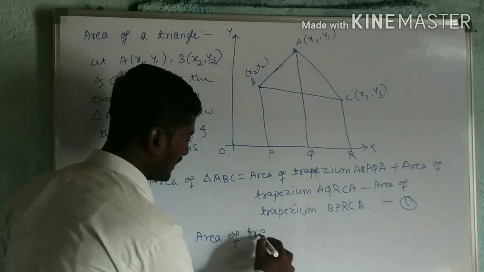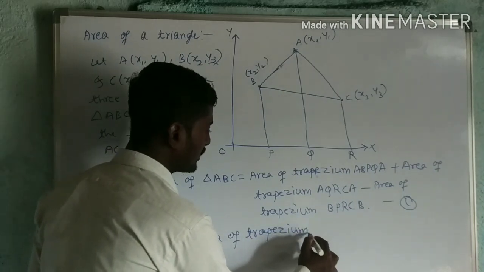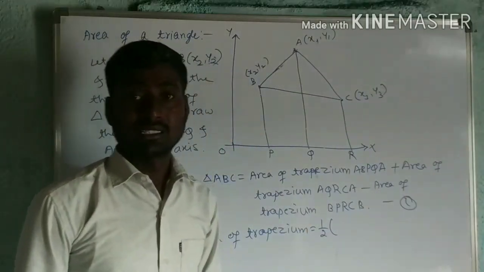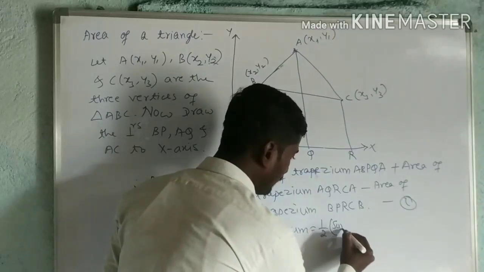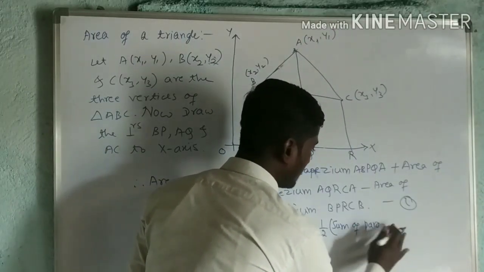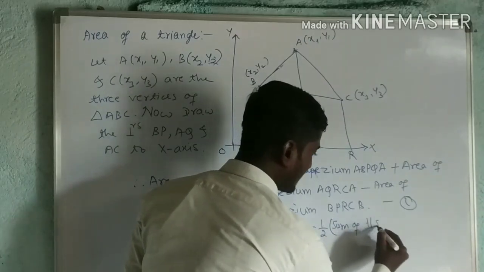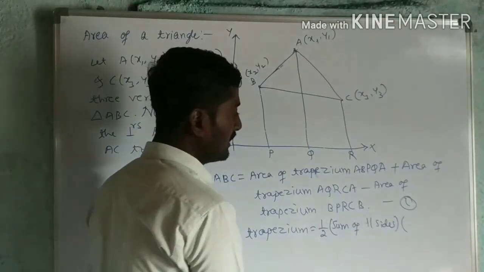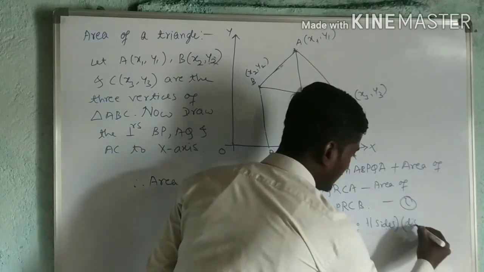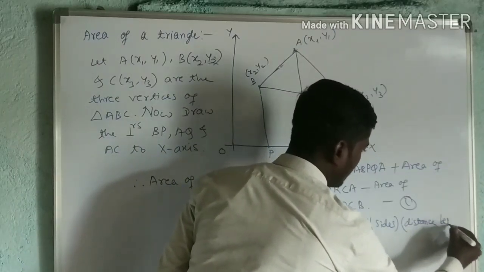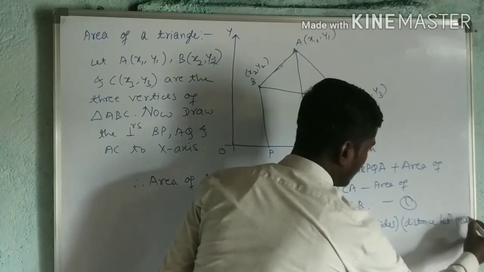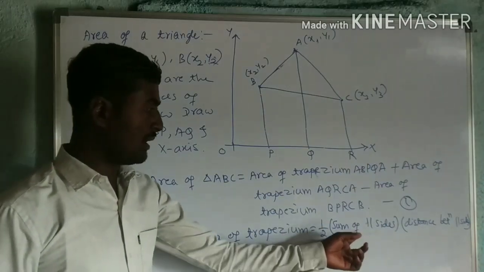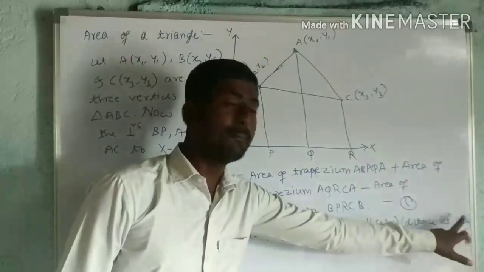Area of trapezium is equal to 1 by 2 into the sum of parallel sides into the distance between the parallel sides.